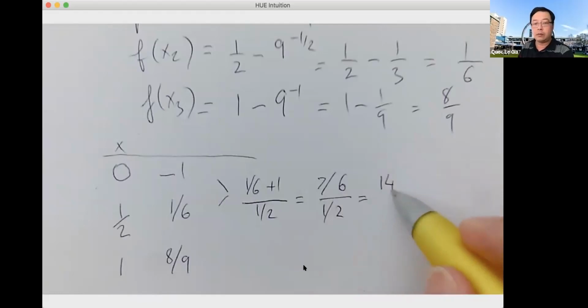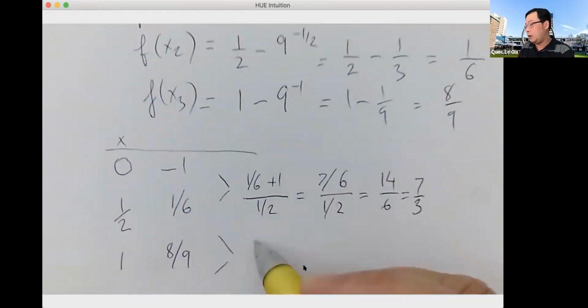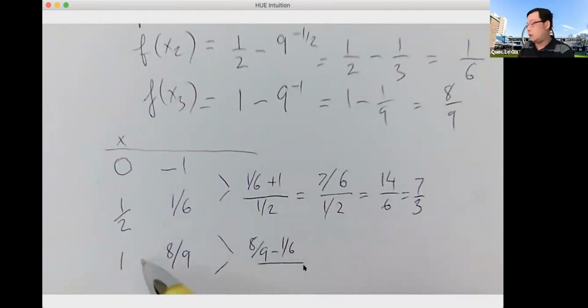Okay. And so the second one will be 8 over 9 minus 1 over 6, divided by 1 minus 1/2. So okay, the common denominator is 18.